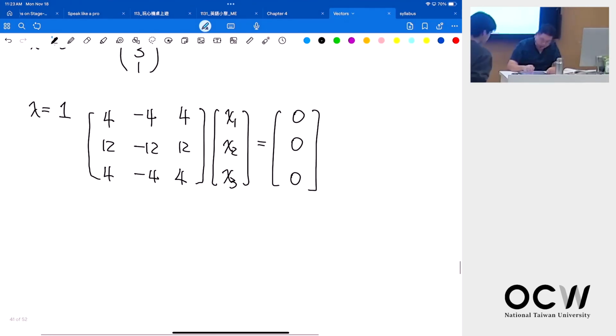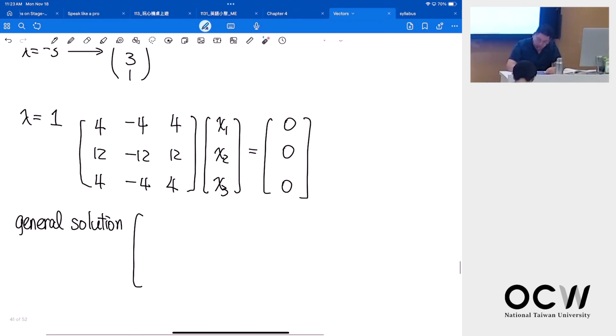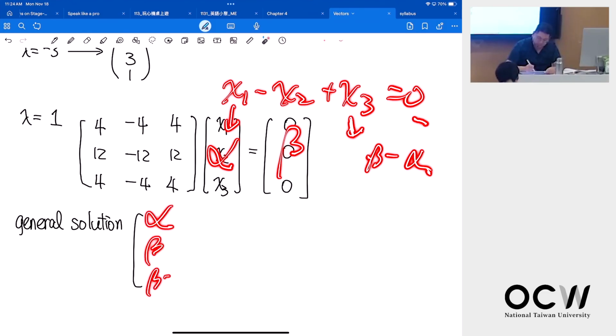The general solution: x1 minus x2 plus x3 equals 0. So if I have alpha and beta, then your x3 will be beta minus alpha, right? So I should have alpha, beta, beta minus alpha.